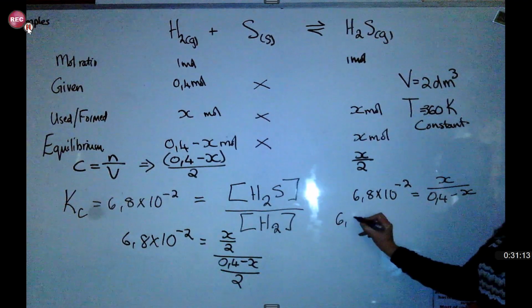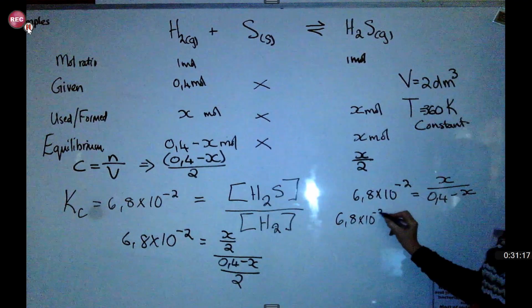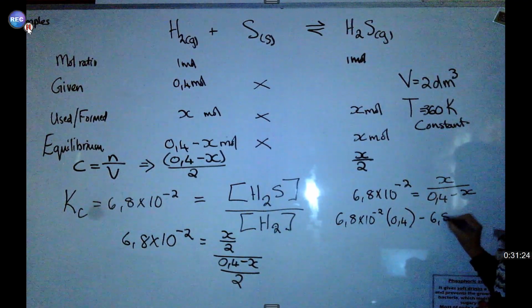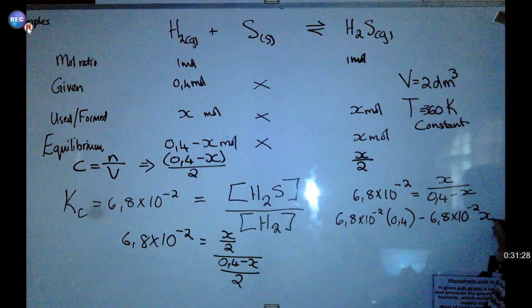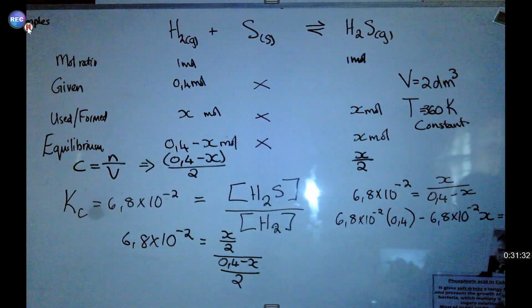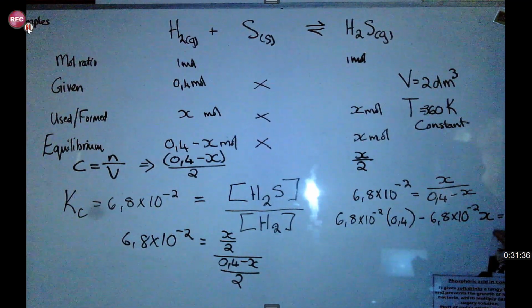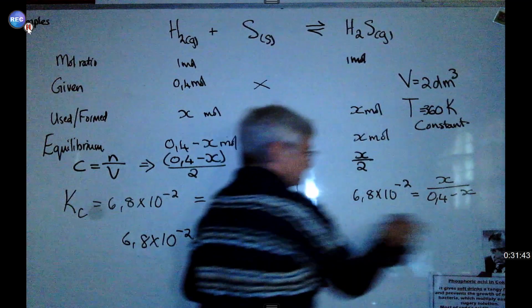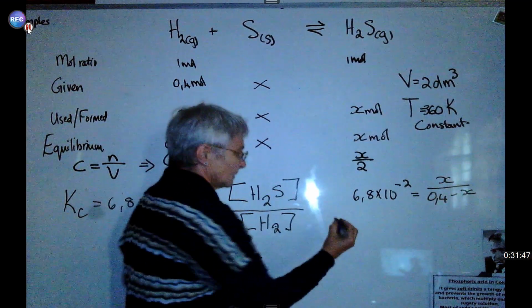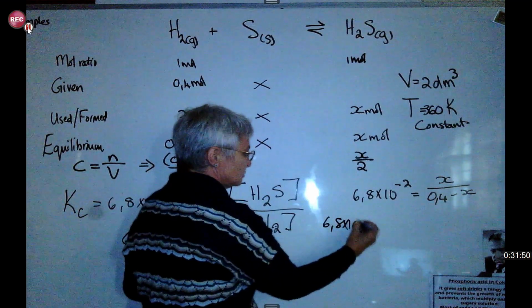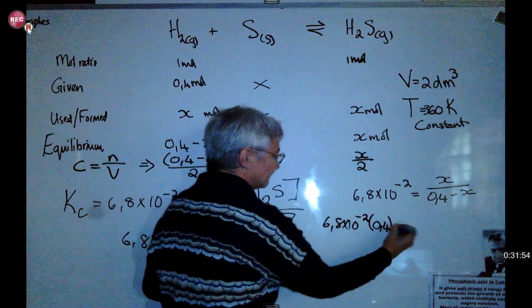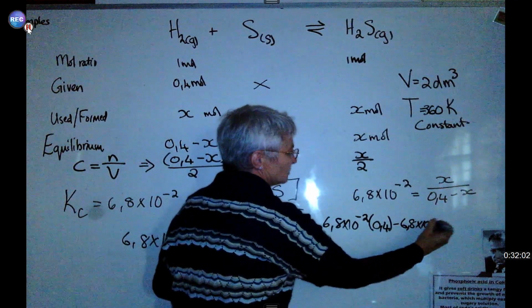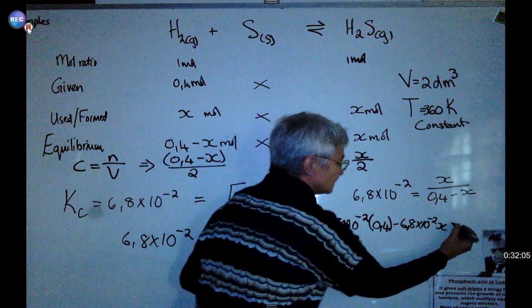So this is 6.8 times 10 to the minus 2 times 0.4 minus 6.8 times 10 to the minus 2 x, and that is equal to x.